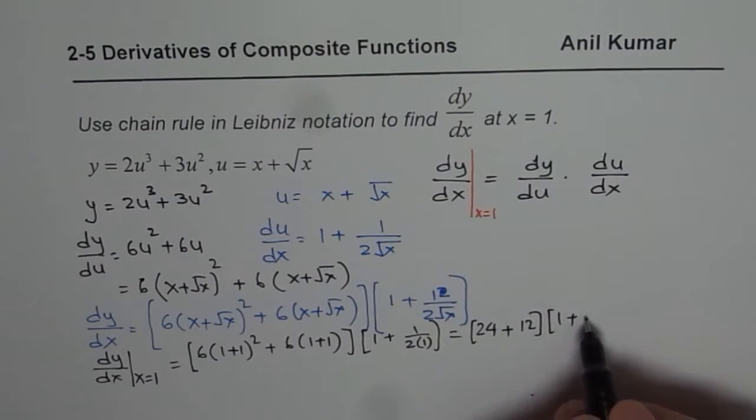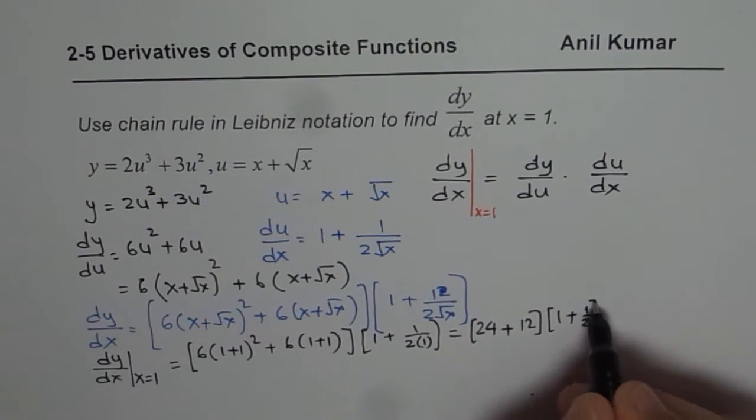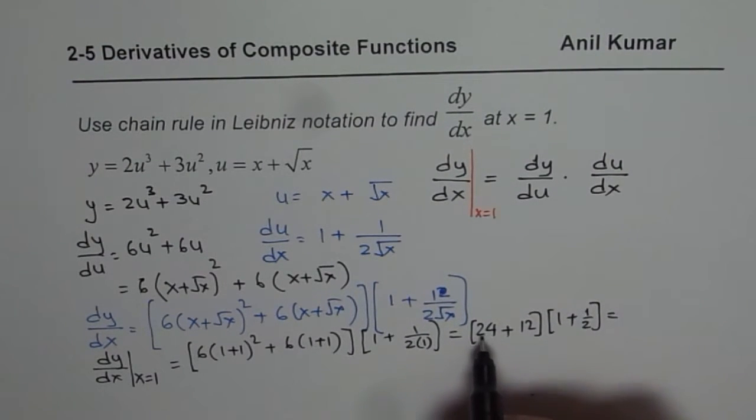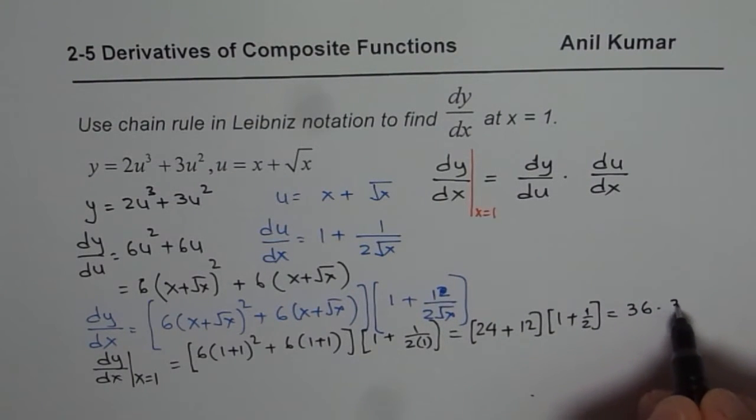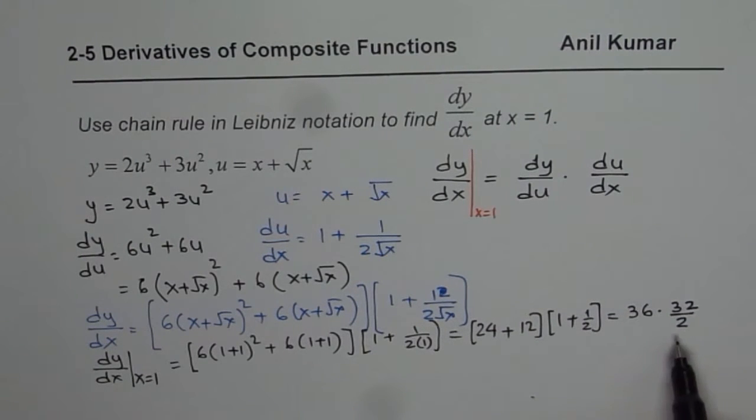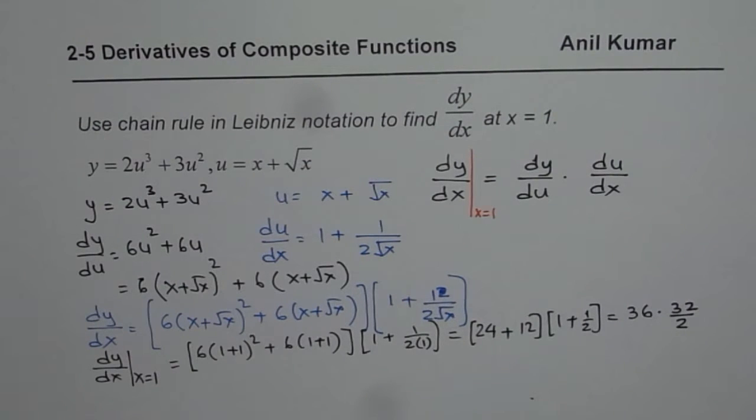So okay, let me write 1 plus half for the time being. 12 plus 24 is 36 times 3 over 2, right? So which is 18 times 3 over 2, right?